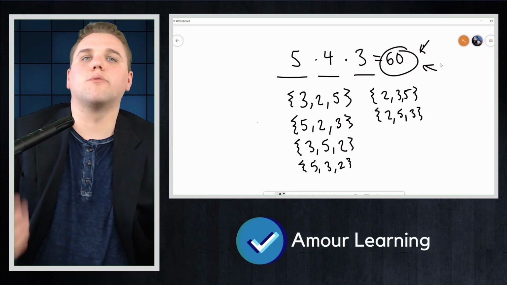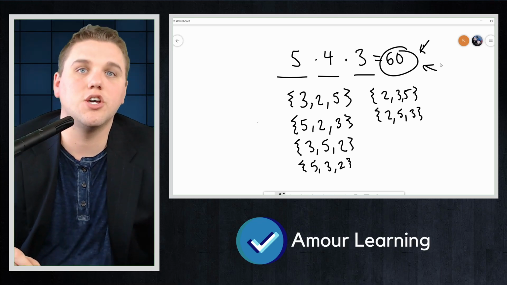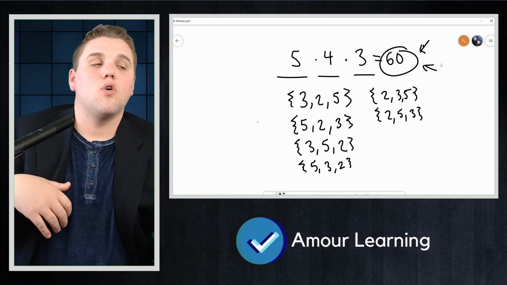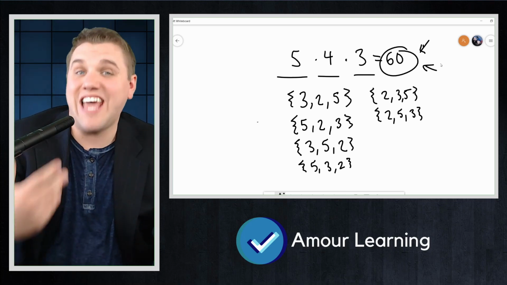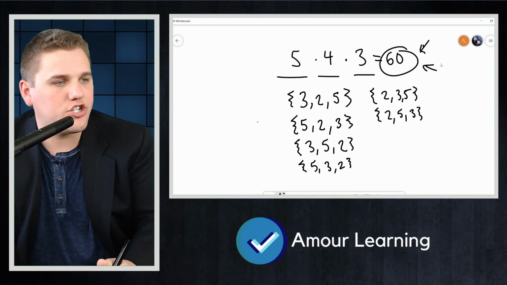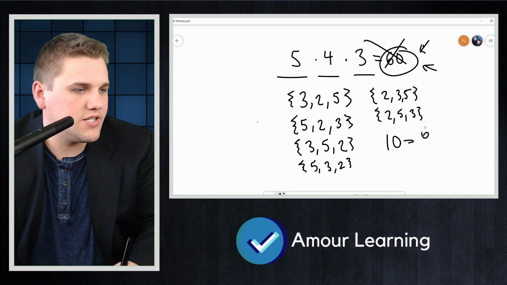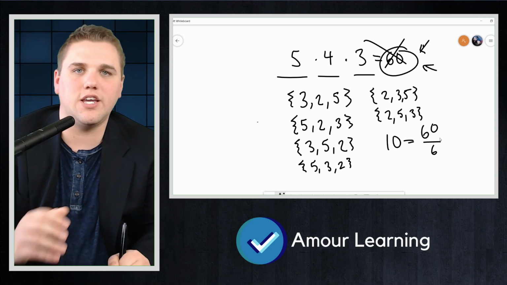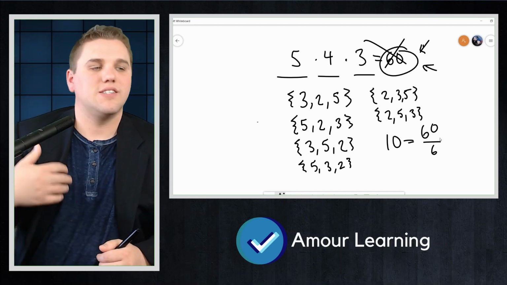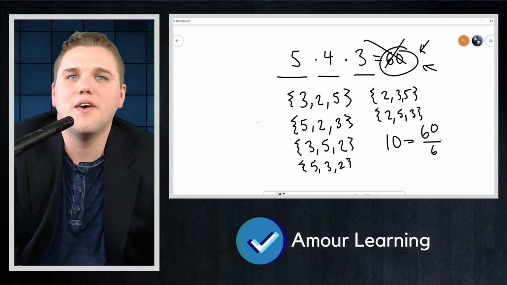Since there are 3 choices for which element we list first, 2 for which we list second, and 1 for which we list last, we expect there to be 10 3-element subsets of A. So it shouldn't be 60, it should be 10, which is 60 divided by 6. Each different set is counted 6 times. It's not double counting, it's 6 counting. I don't know if that's a thing.